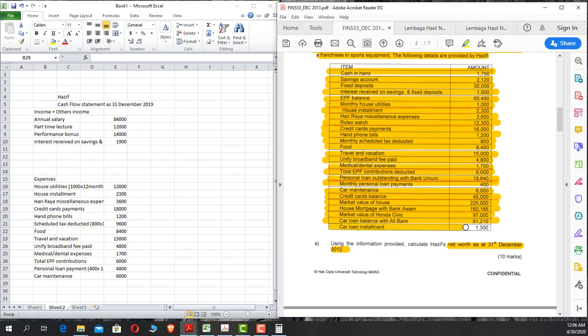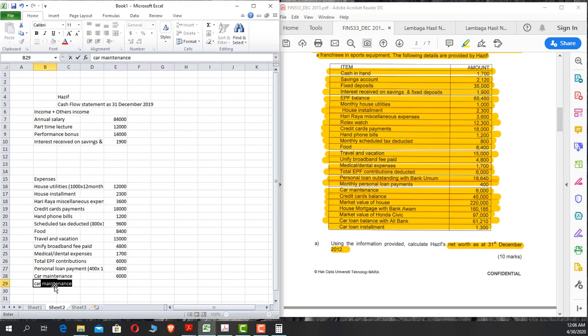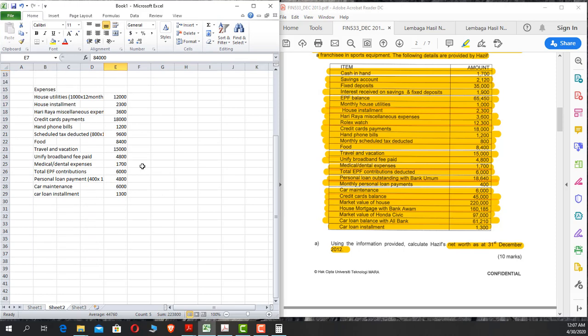Yang ni pun dia tak bagi tahu sama ada monthly ataupun yearly, so just proceed to the yearly sebab dia tak mention based on bayaran secara monthly. Okay, so 1,300. So you just total up all the income and then total up for your expenses.